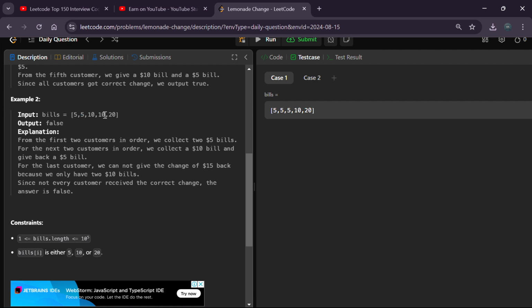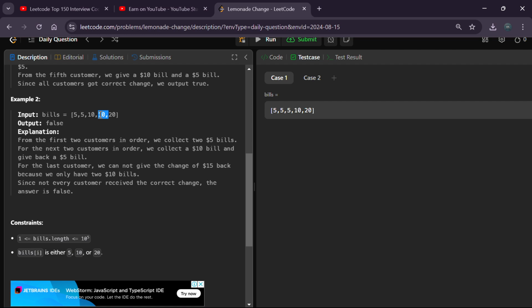Next, for the fourth transaction, the customer came up with $10 and we take the $10. So we increase the $10 bills to two, and we have to give him back $5, and we decrease the $5 count. So we are left with two $10 bills up to four transactions, right?